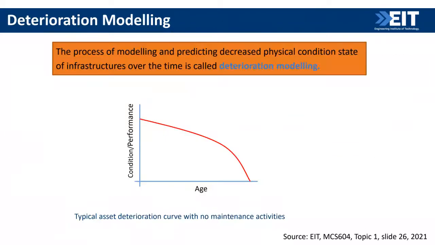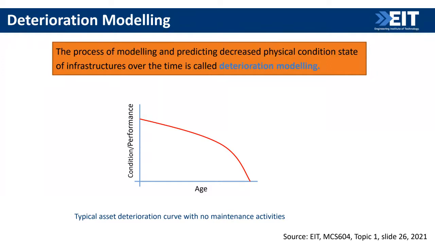Also, the other point we can start considering is modeling, right? Deterioration modeling. There are so many resources available in the literature guiding us on how we can predict the decrease in physical conditions, right?